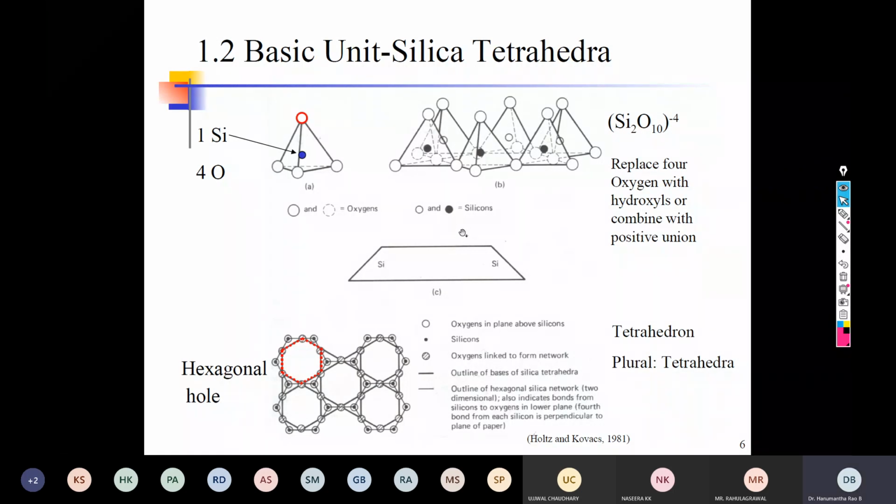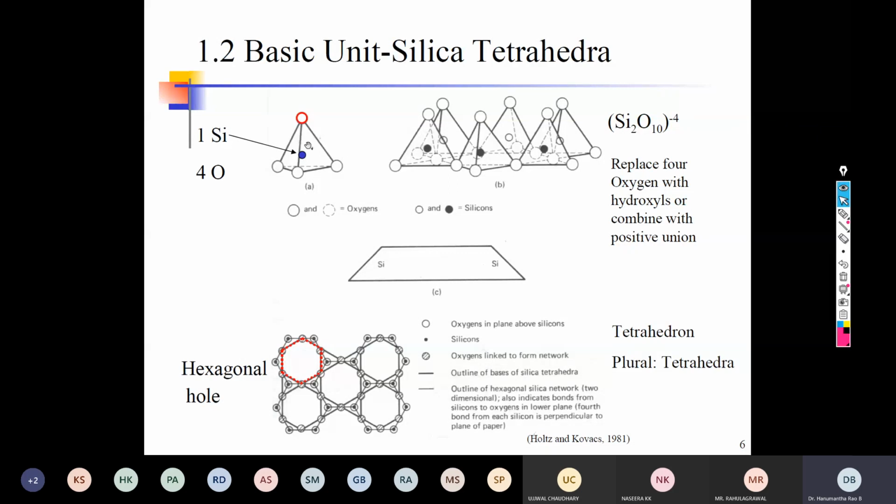Okay. Suppose if I remove this hexagonal one, what is left over is only silicon oxide, the above one. This simple tetrahedral. So one silica is attached to 4 oxygen. Okay. Now let us try to understand. Suppose this Si tetrahedron is left alone.